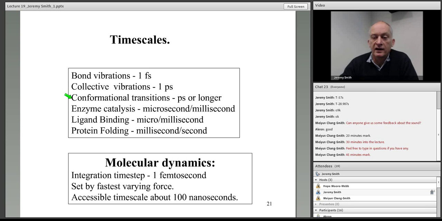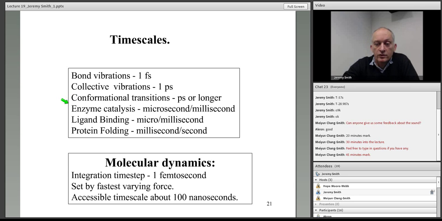And then we have interesting conformational transitions in biological systems. Side chains jumping from one position to another, loops closing, hinges bending, things like that. And they can be much longer in timescales. They range from picoseconds through to any time.